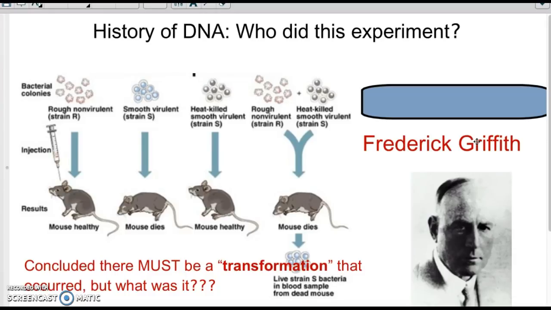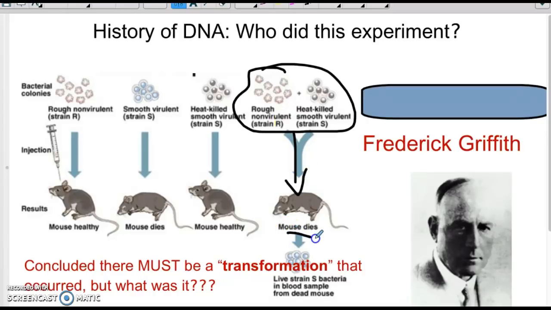Basically, he took some harmful bacteria that caused mice to die and put them together with bacteria that were not harmful, and injected them into a mouse, and the mouse ended up dying. So he figured there was something in the heat-killed bacteria that somehow got into the harmless bacteria and caused them to become harmful, and then they died. So he discovered transformation.